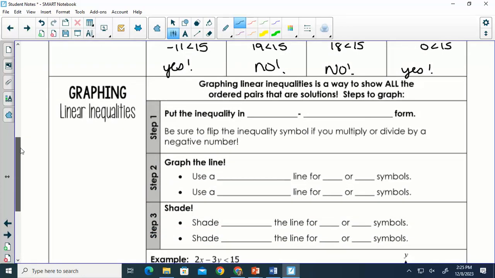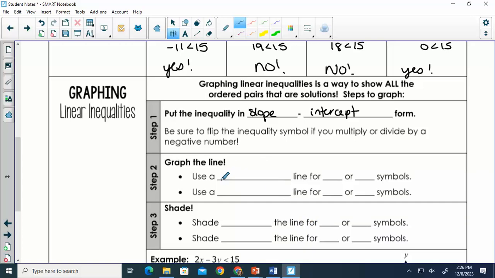To do this, we have to put our inequality in slope-intercept form. Just like you did yesterday with solving a system of equations on the graphing ones, you had to get it y equals mx plus b form so you could graph it. Still the same case here. We'll have to watch when we're doing that. If we have to multiply or divide by a negative, we flip our inequality just like before.